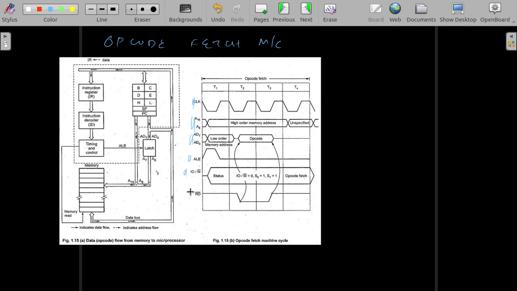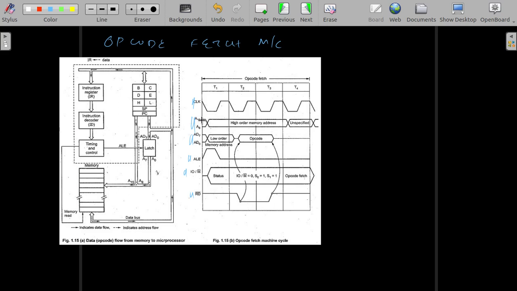Then, depending on the specific machine cycle, the extra pins will come here. Since this is an opcode fetch, that is, you have to read something from the memory, here we are showing the read bar pin. Okay, so 4 T states are there.